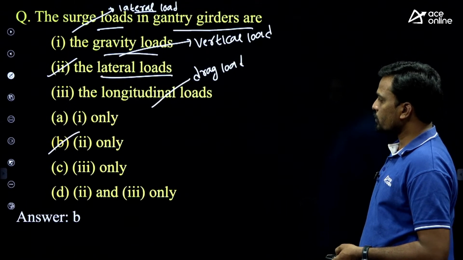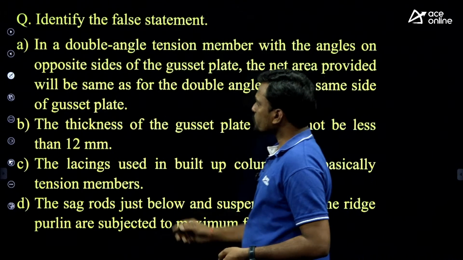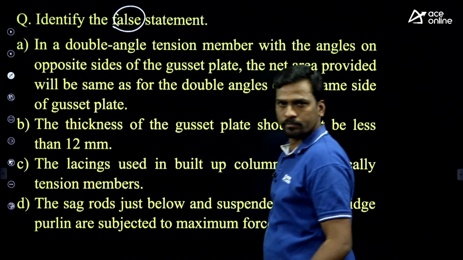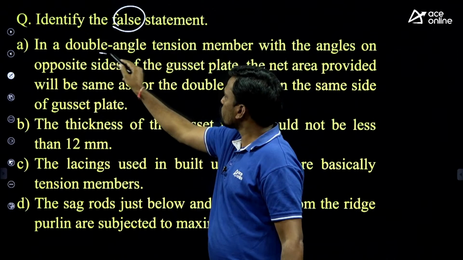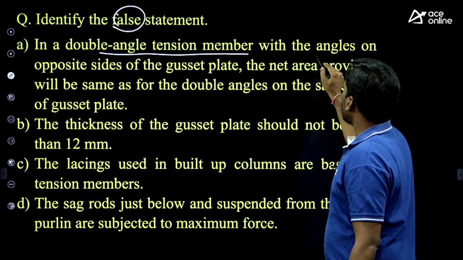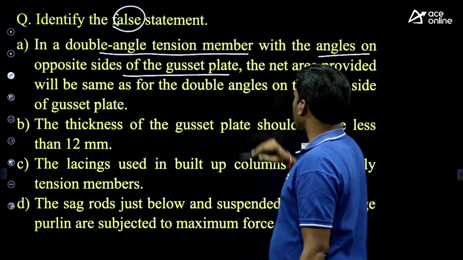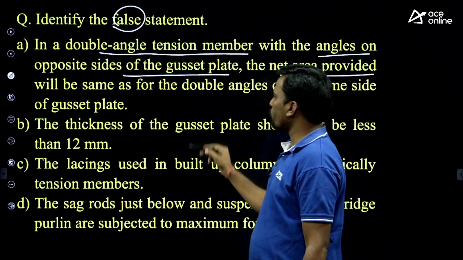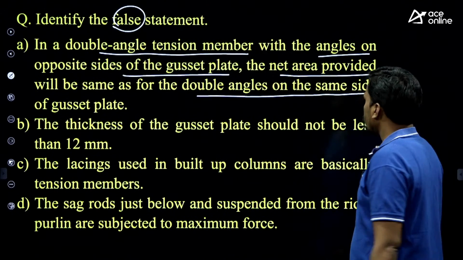Next, identify the false statement. In a double angle tension member with the angles on opposite sides of the gusset plate, the net area provided will be the same as for double angles on the same side of the gusset plate.